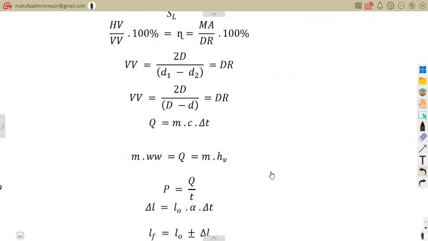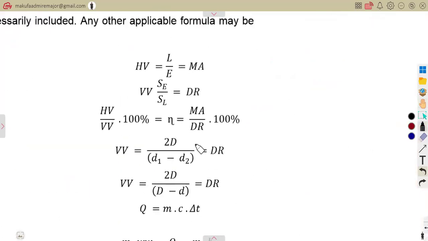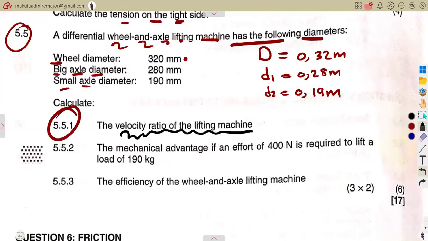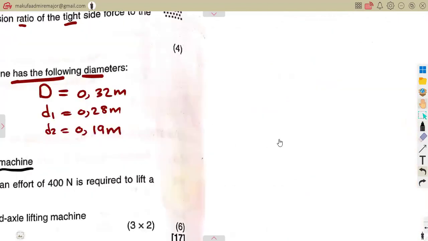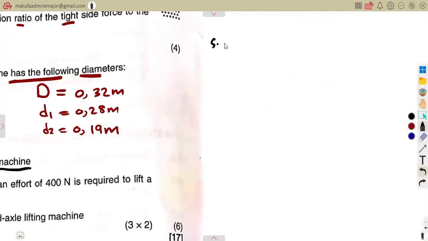With this, remember the velocity ratio is given as 2D over D1 minus D2. So there, guys, there was not going to be any effect there. So that's 5.51. Our velocity ratio is given by 2D over D1 minus D2.